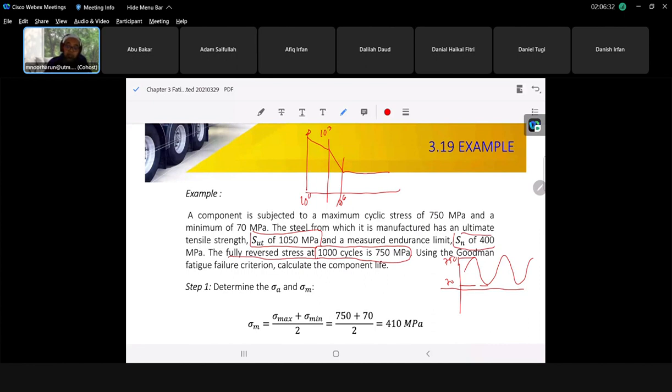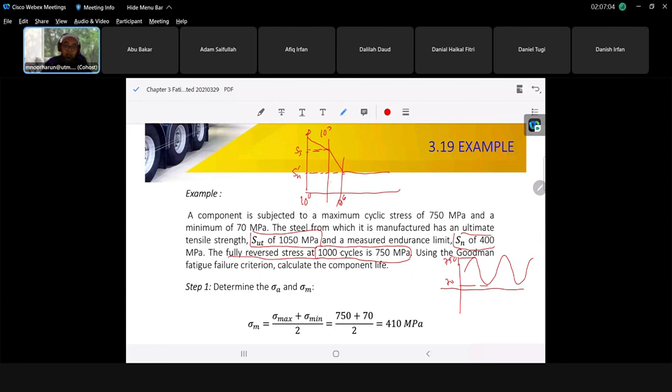Okay, so this is Sn from experiment prime. So this is 1000. Actually, fully reverse stress is from experiment lah. Roger Moore experiment. So 1000 cycle. If you see from the graph, kalau you tengok baik the graph, so this is S3.